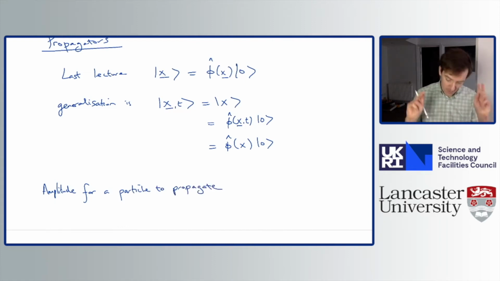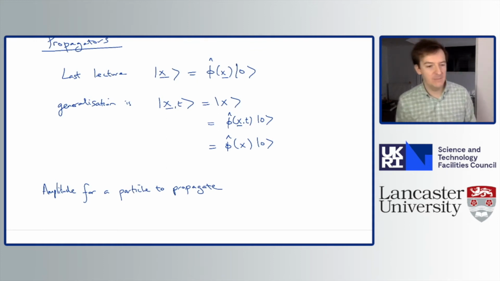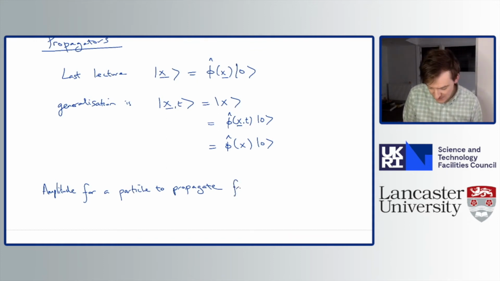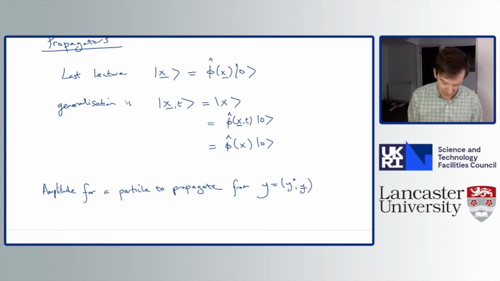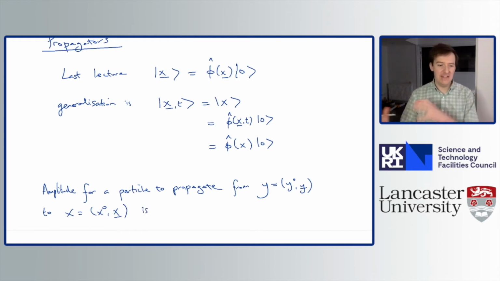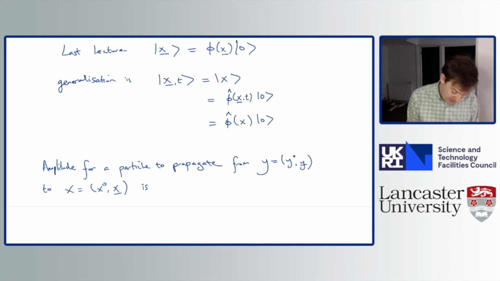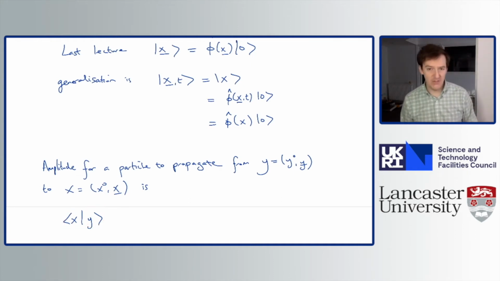This is where the propagator term comes from. Let's think about propagating from a space-time point y, which has a time component y0 and a spatial component, the vector y. We'll go from y to x. Again x has a time component and a spatial component. So we start in y, have a ket y, and we want to find the amplitude that it ends up at x.